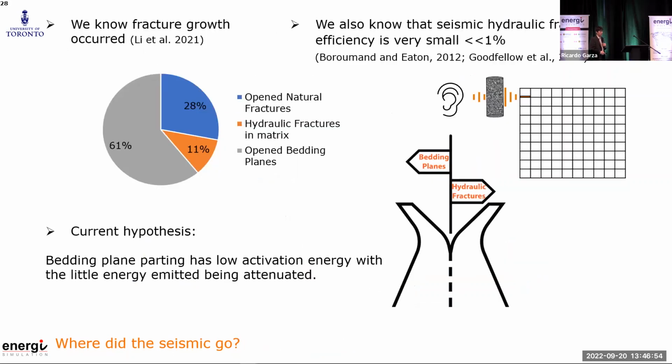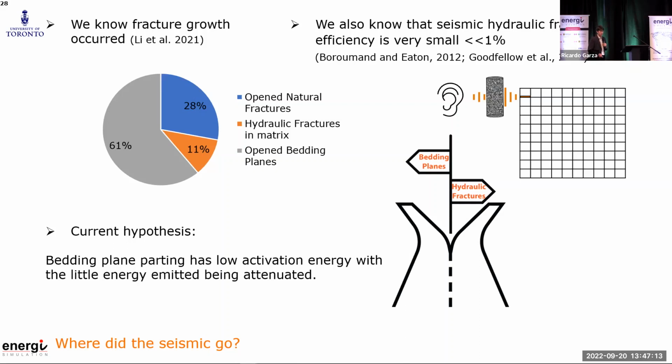The other thing we know is that these fractures are growing, but we couldn't really hear them. So microseismic are really missing. So it looks like the key aspect of your hydraulic fracture is a propagation that is aseismic.